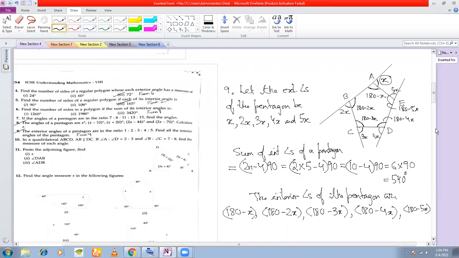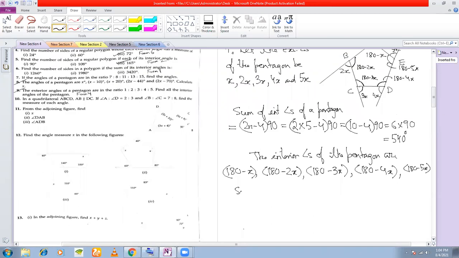So what is the sum of interior angles here? One, 180 minus x plus 180 minus 2x plus 180 minus 3x plus 180 minus 4x plus 180 minus 5x, right?